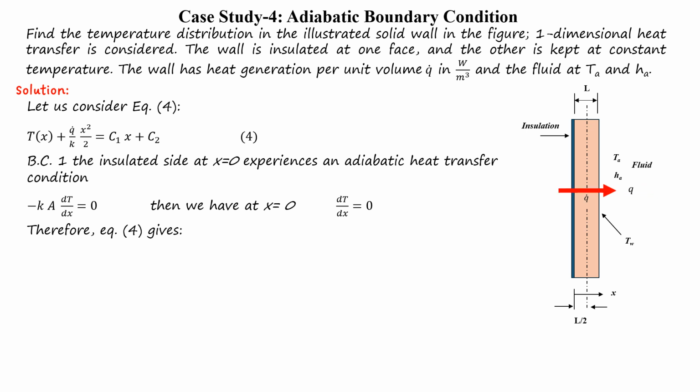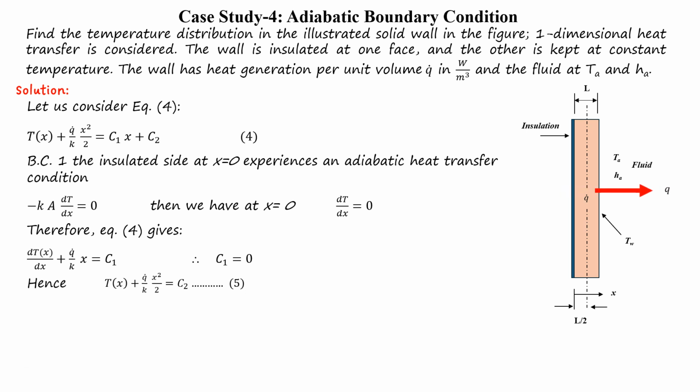And if we apply dT/dx in a form derived from equation 4, then we get dT/dx plus q dot divided by k times x equal to c1, and if we substitute x equal to 0 with dT/dx equal to 0, that produces c1 equal to 0.